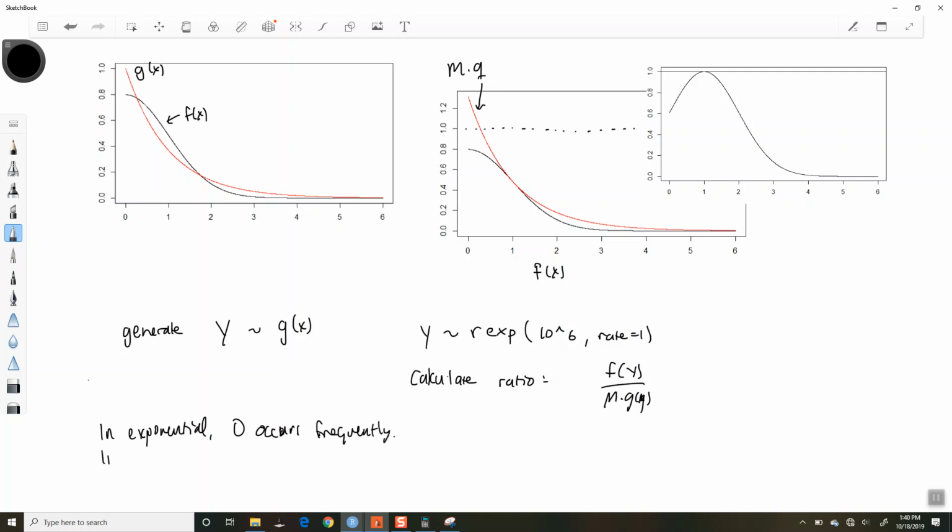In the normal, 0 is also common, but not as common as the exponential. If we look at just this slice right here at 0, if we generate 0 from the exponential distribution, we're going to accept it only around 60% of the time, okay?